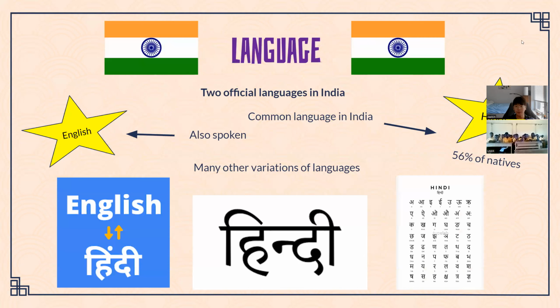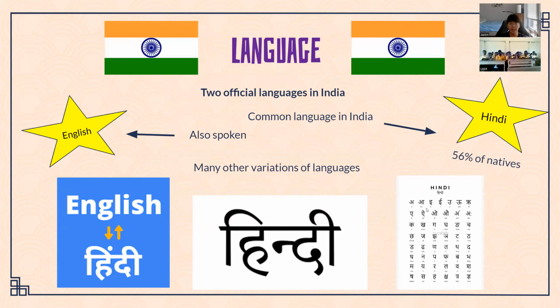And we'll first begin with the language. And there are two official languages in India. And the first most common language in India is Hindi, and it is spoken by 56% of the people. And English is also one of the official languages in India. So English and Hindi are both spoken in India, and there are many other variations of languages as well.